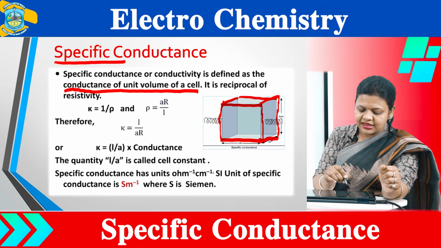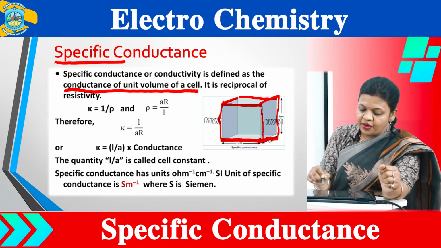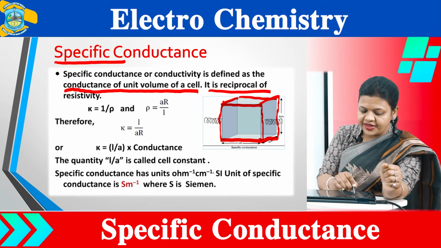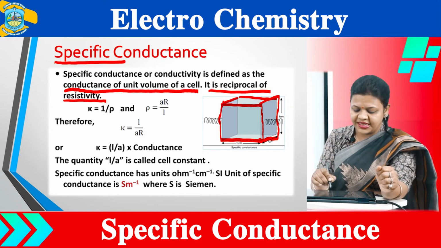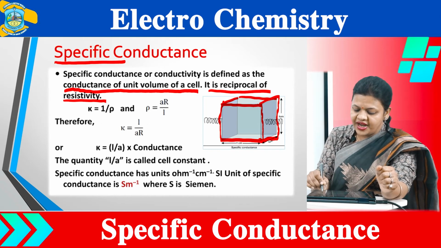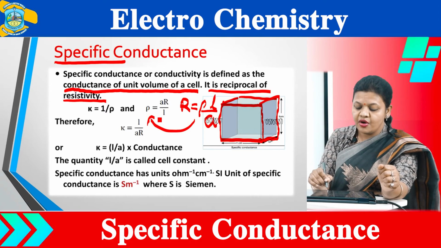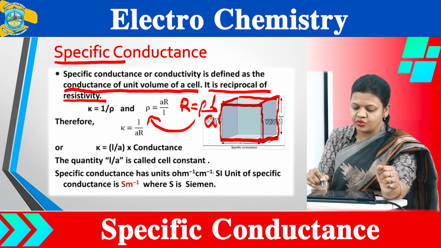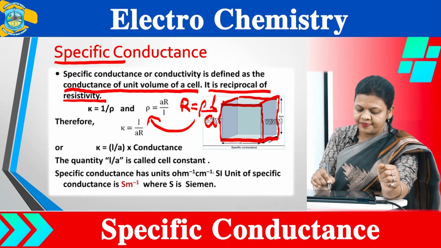Specific conductance is given by letter K and it is the reciprocal of resistivity. Just now we had seen the formula of resistivity rho. We had seen R is equal to rho L by A, from which we have derived the formula for rho, that is equal to cross-sectional area into resistance upon length.